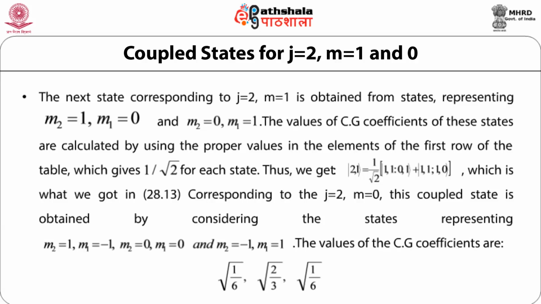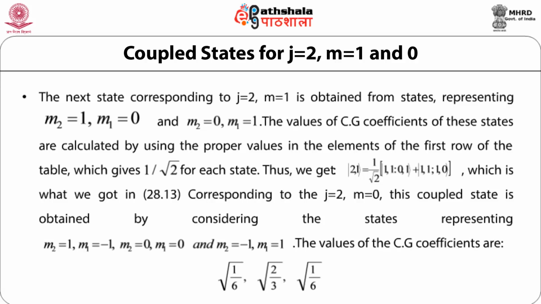Now the values of the Clebsch-Gordon coefficients of these states are calculated by using the proper values in the elements of the first row of the table that we have for the Clebsch-Gordon coefficients.